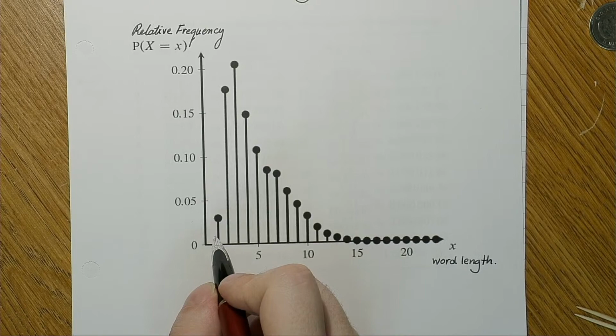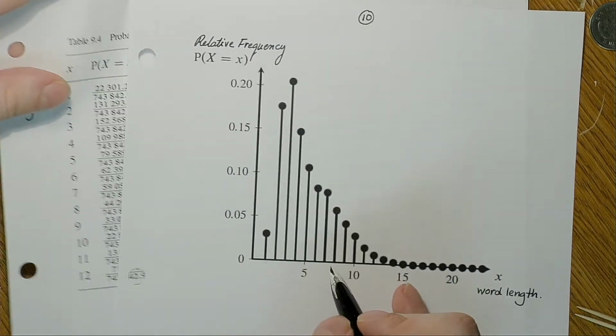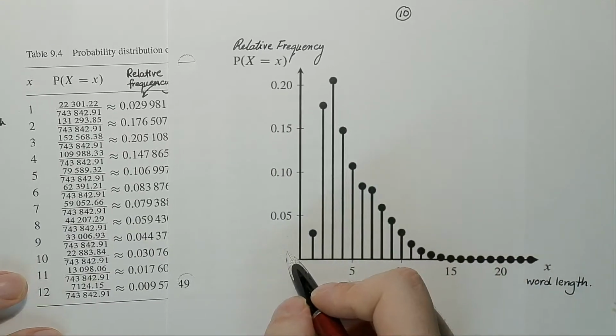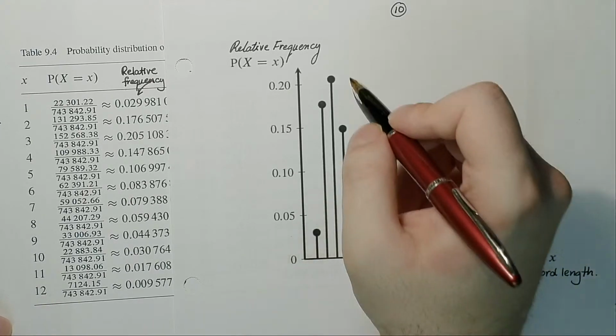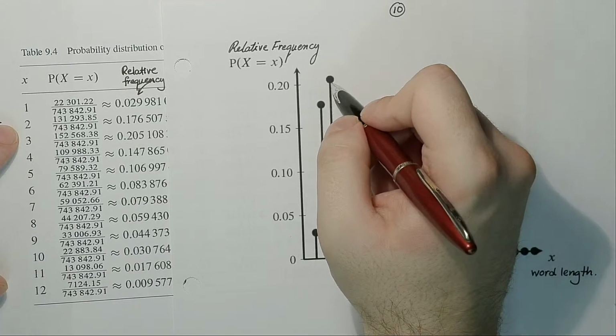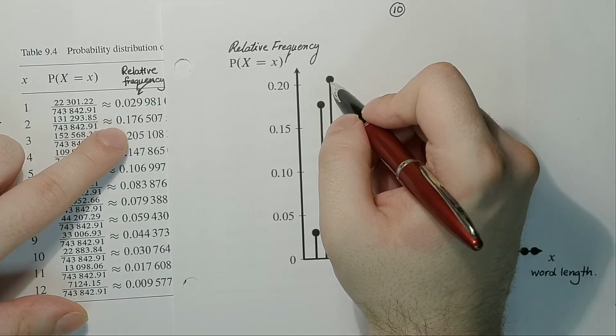For 1, we've plotted it at around 3%, and for 2, around 20%.